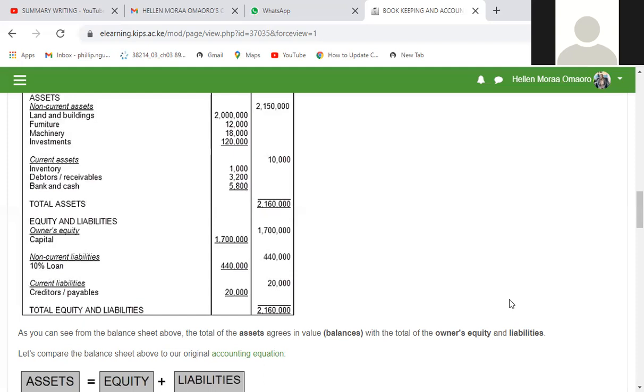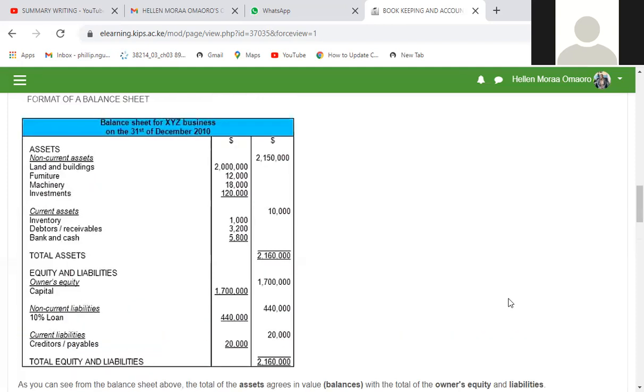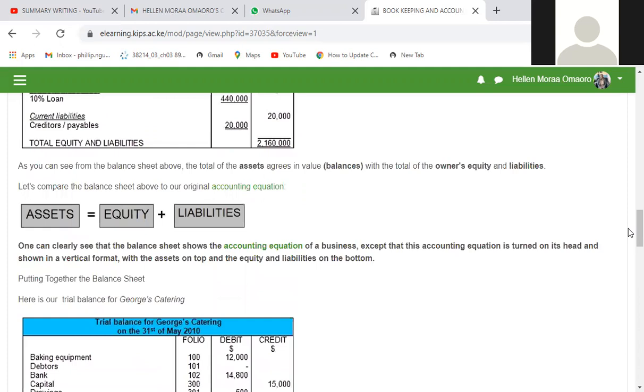So when you look at that format, you can see that the balance, that is the assets, agrees with the total of the owner's equity and the liabilities. Are you able to see? Yes.